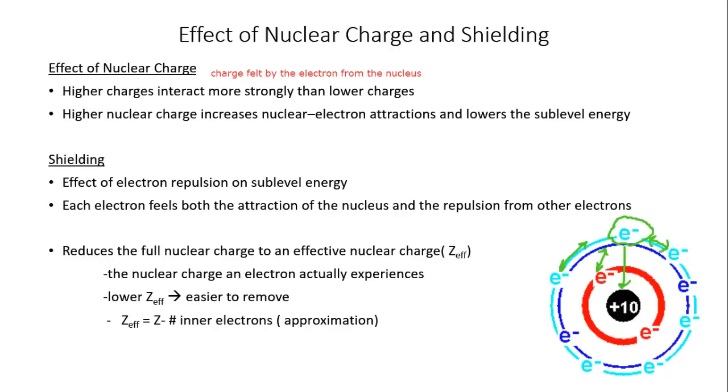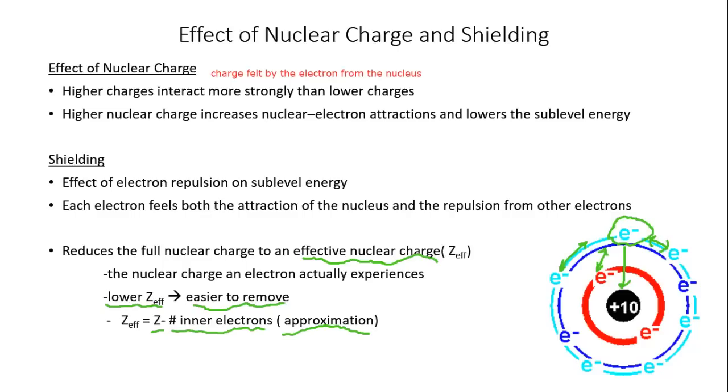And we can actually calculate the effective nuclear charge of an electron. One thing to remember is the lower the effective nuclear charge of an electron, the easier it is to remove. And this equation gives you an approximation. You take the number of protons minus the number of inner electrons, and that'll tell you the effective nuclear charge of it.